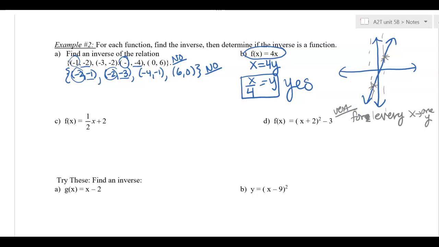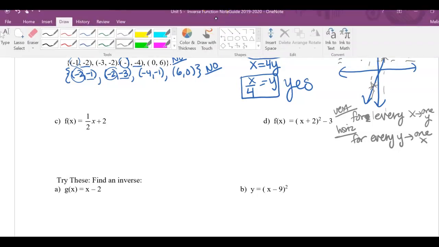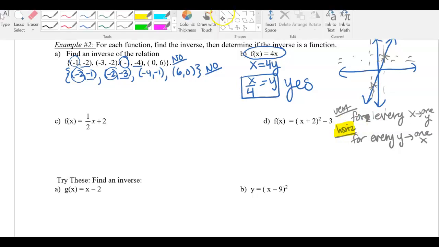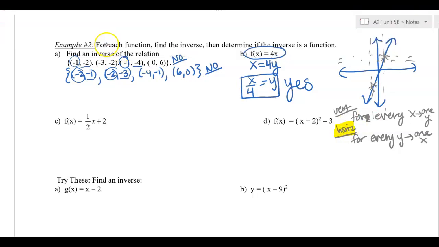Then remember how we've been testing 1-to-1. For 1-to-1, you would want it to pass the vertical line test, but then also the horizontal line test. The horizontal line test is testing that for every y, there is one x. That's what it's testing when I look at those. This also passes the horizontal line test. The horizontal line test is actually a disguised way of doing the vertical line test for the inverse, even though you can't see the inverse.